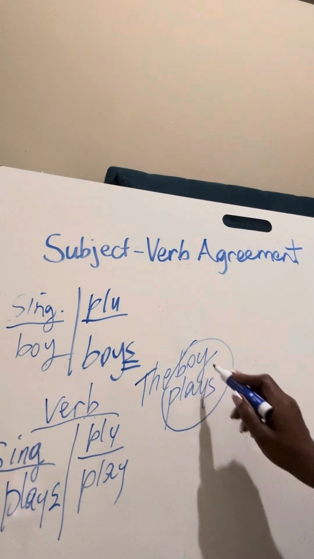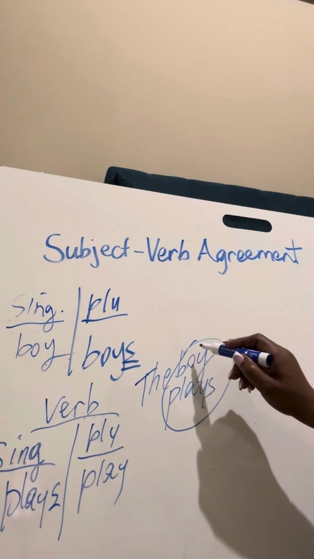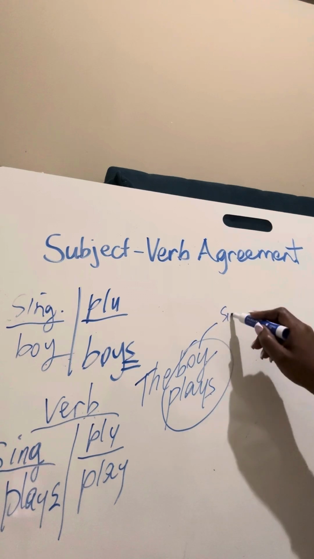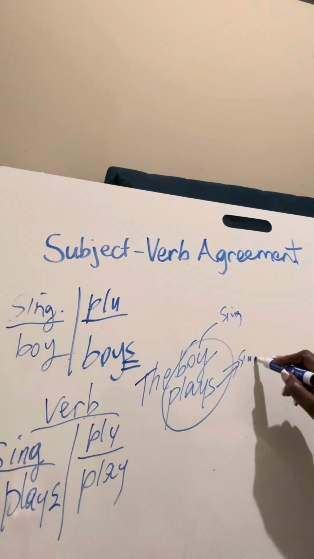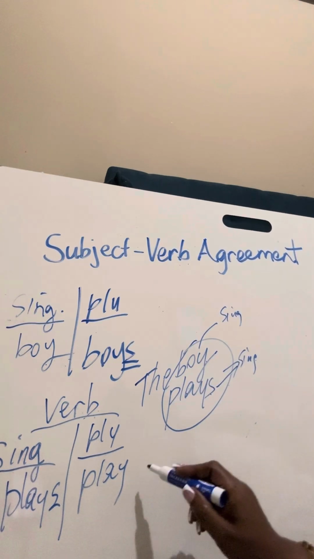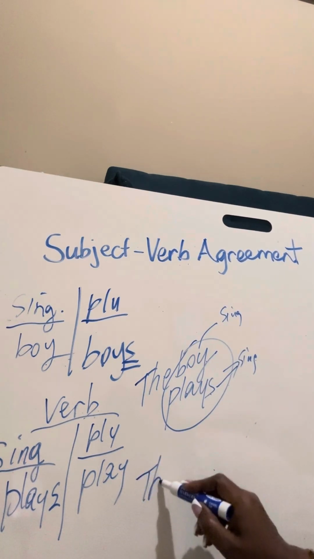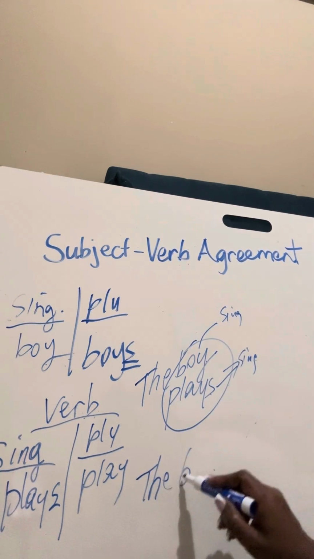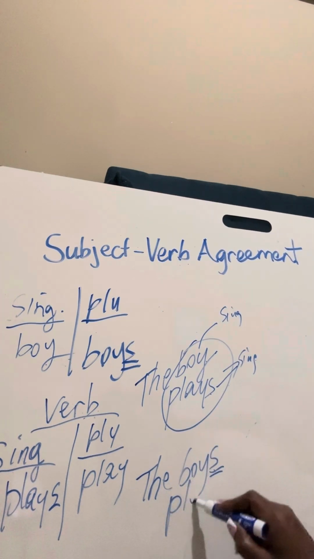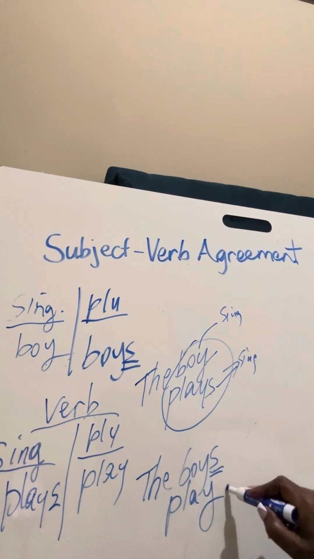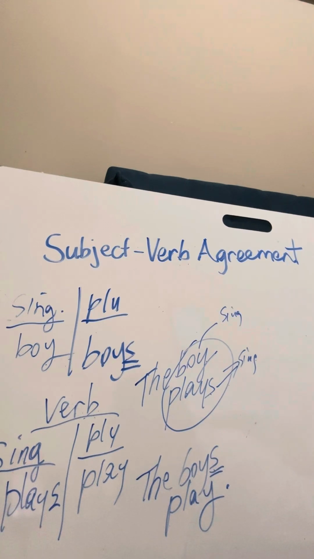So the boy plays, boy, singular, but for the verb, the one with the s is singular, and that means the boy plays, but the boys, plural, plural verb, play, no s. Okay? We're not going to do too much all at once.